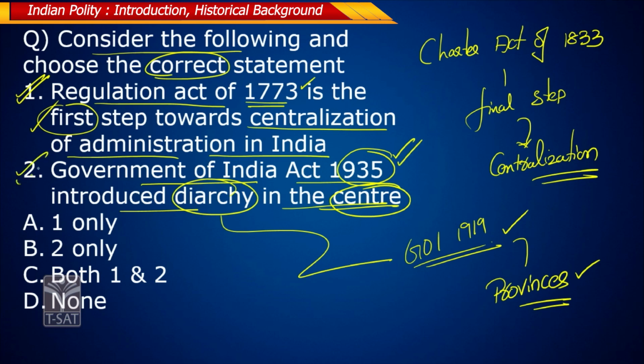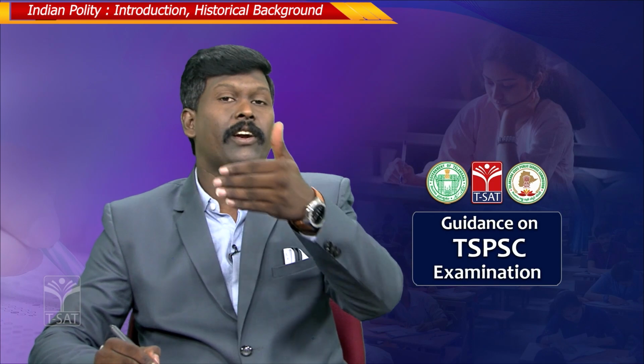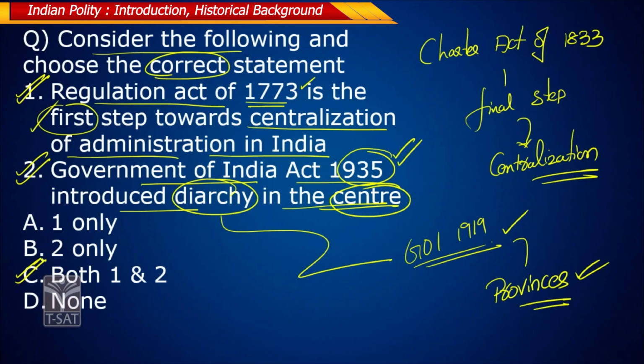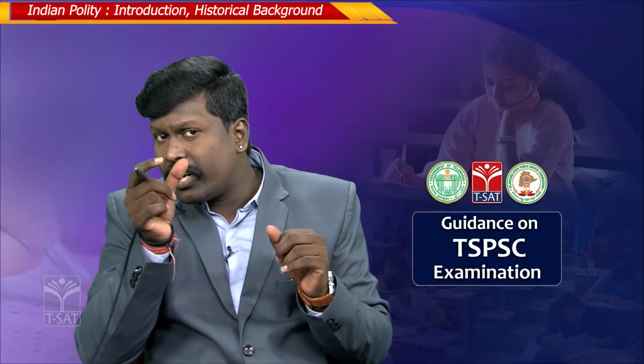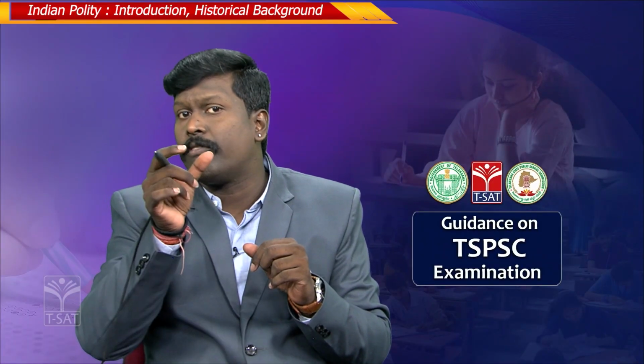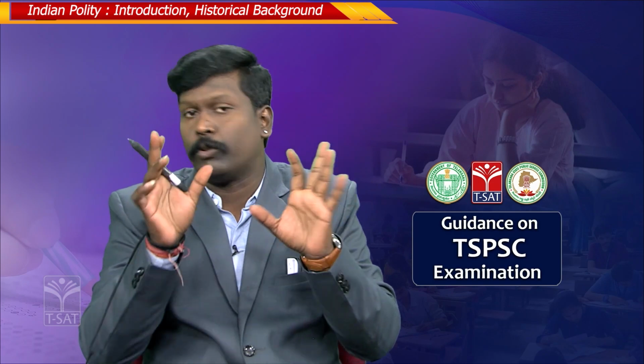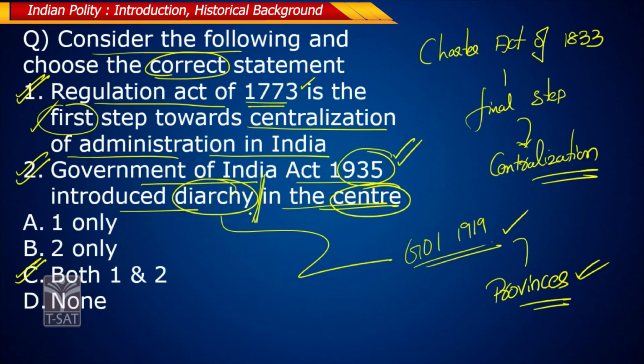Not only that, the 1935 Act abolished diarchy in the provinces and introduced it in the center. So, answer is C. Both the statements are correct. You need to be very careful in understanding the words given in the question. Each and every word is important when you are solving an objective type question. Till here it may look wrong, but because of this word, this statement is correct. So that is the meaning.